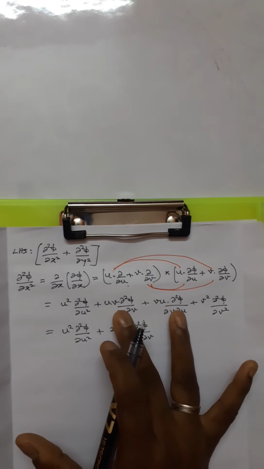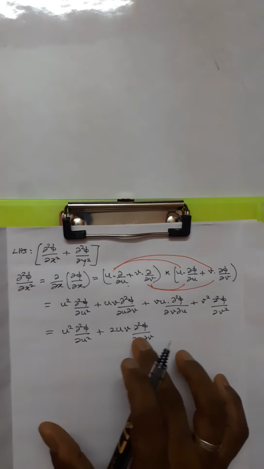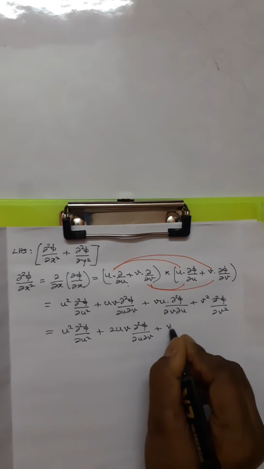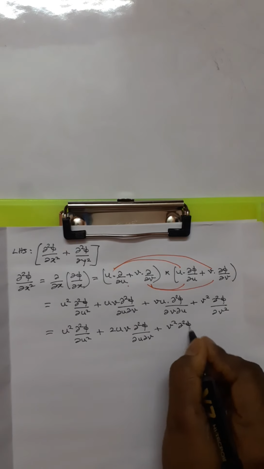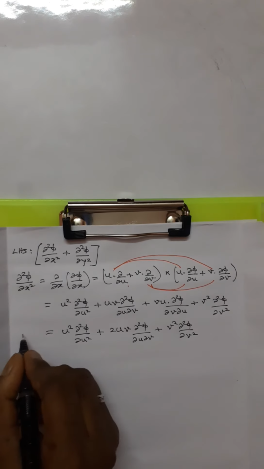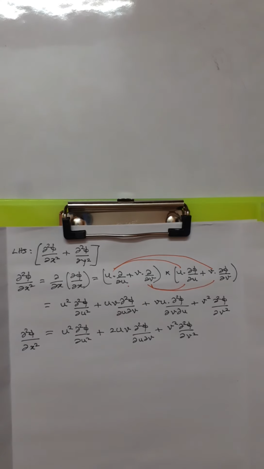We know that these two derivatives are equal. So 2uv dou square phi by dou u dou v plus v square dou square phi by dou v square. This is the value of dou square phi by dou x square, right?